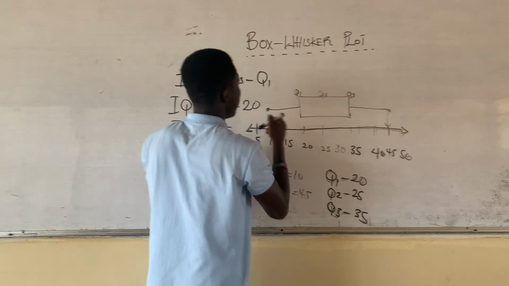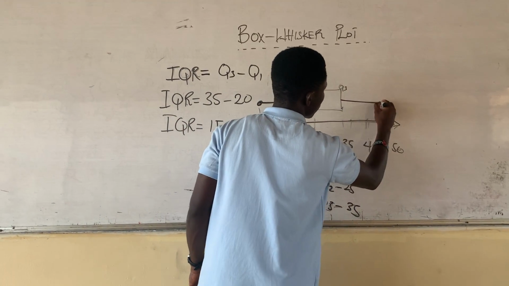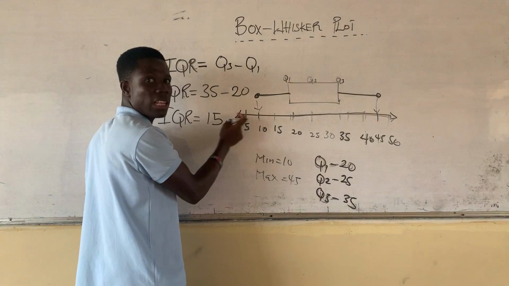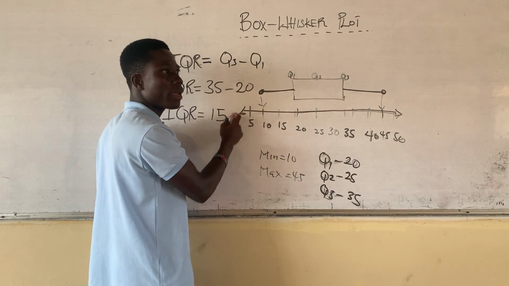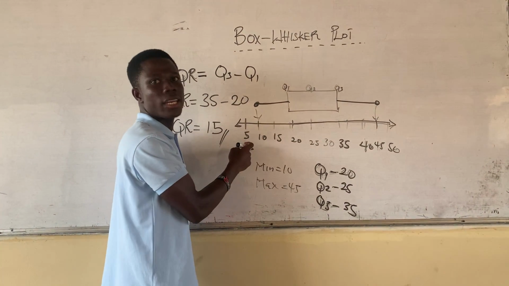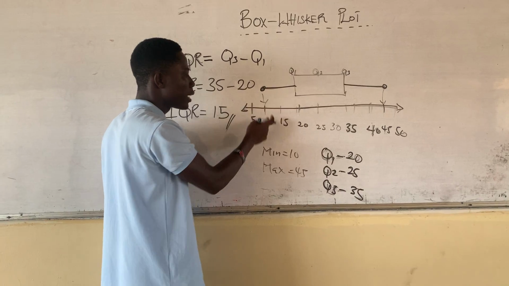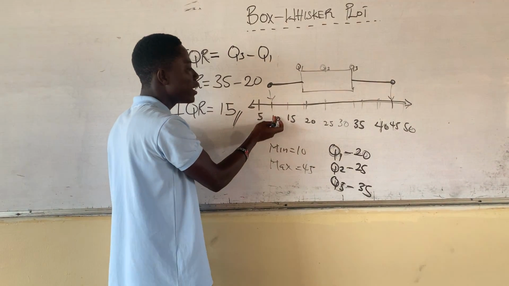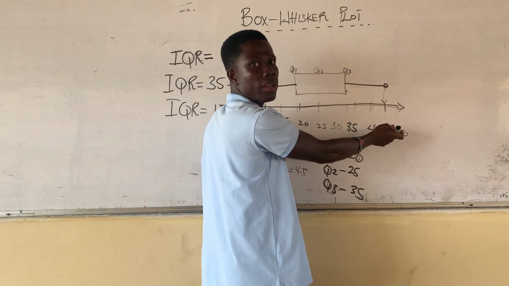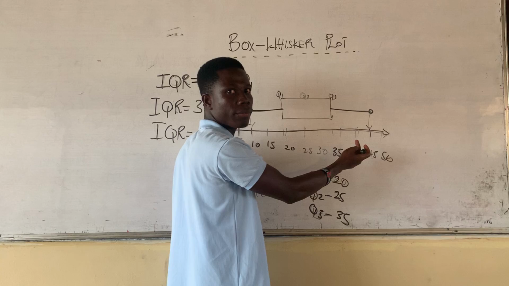Although 5 is the least number here, 5 is not our minimum number because 5 is not under the whisker. In this graphical representation, 10 becomes our minimum number because 10 is beneath the whisker. And 50 is not our maximum number. 45 is our maximum number because 45 is under the whisker.